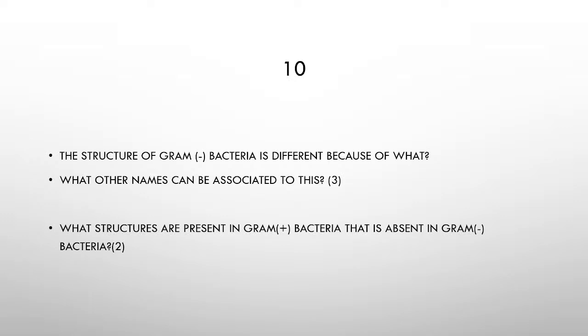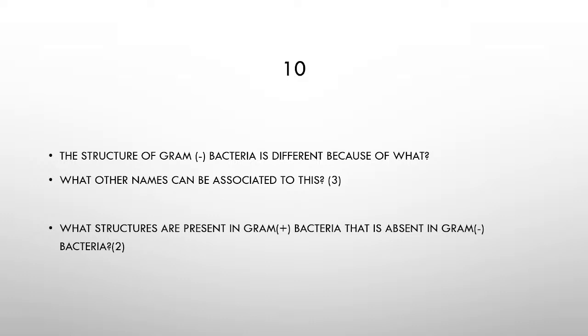Now, the structure of gram-negative bacteria is different because of what? Gram-negative bacteria have a lipopolysaccharide bilayer. Sometimes it can be known as an O antigen. It could also be known as a core antigen or lipid A. Whilst for gram-positive bacteria, this is absent.